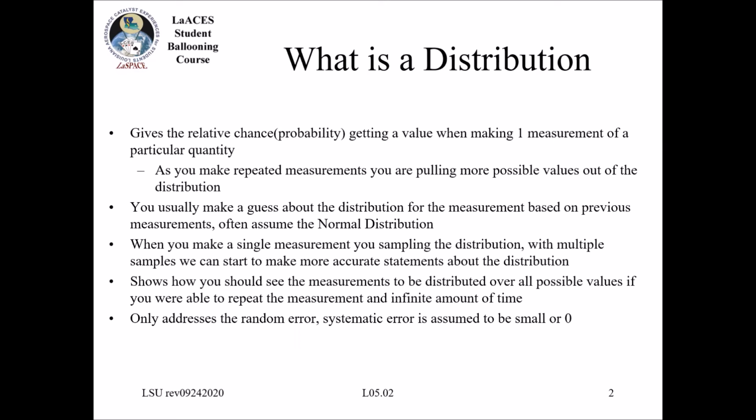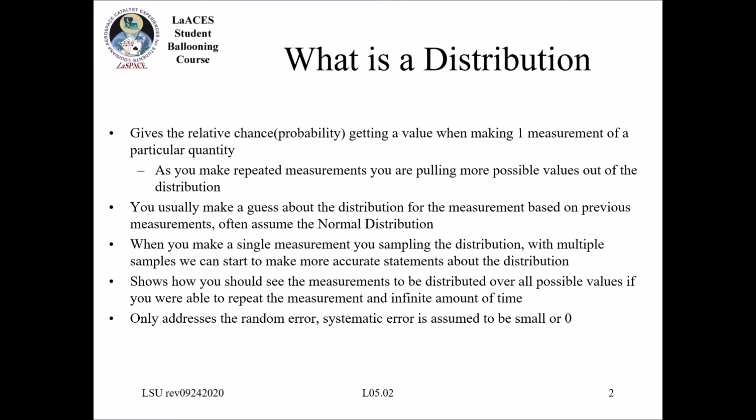When you do analysis, you usually make an initial assumption about what that distribution is, and you often assume what is called a normal distribution, a normal population, a Gaussian distribution. Those all mean the same thing. And like I said, when you take a measurement, you're basically pulling a sample off of that distribution.